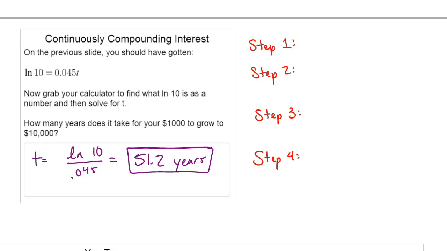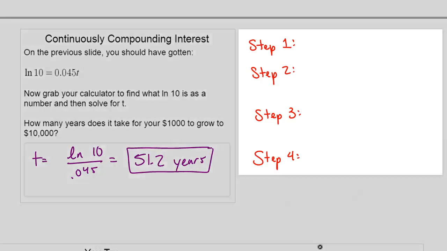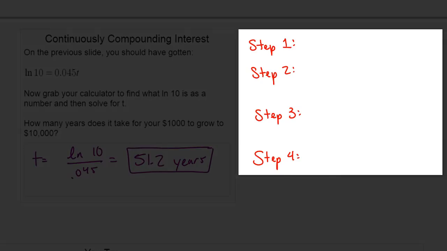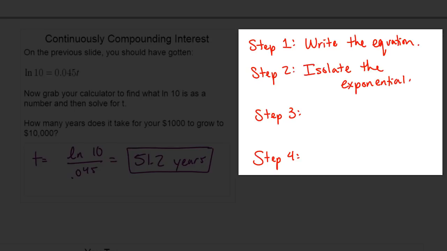Now this process we went through can be done by simply following these 4 steps. The first step is to write out the equation. We take the information that they give us and plug it into the formula for PERT. Once we have that equation, one of the variables is usually going to be the exponent, probably your time, so we have to isolate the exponential piece.